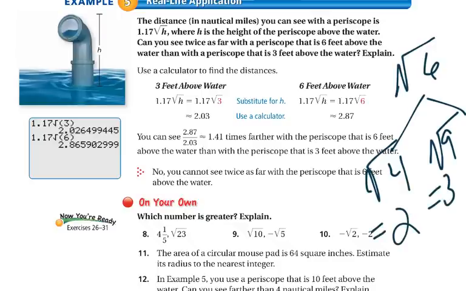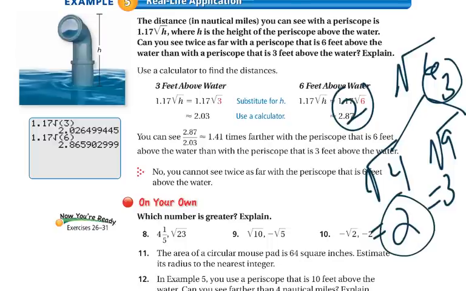From 4 to 6 is 2, and 6 to 9 is 3. So it's a little bit more. It's actually almost exactly in between. So if you use 2, it's probably going to come out to be about the same height. If you wanted to, you could do 2.5. So say that it's approximately 2.5, and then 2.5 times 1.17. Okay.